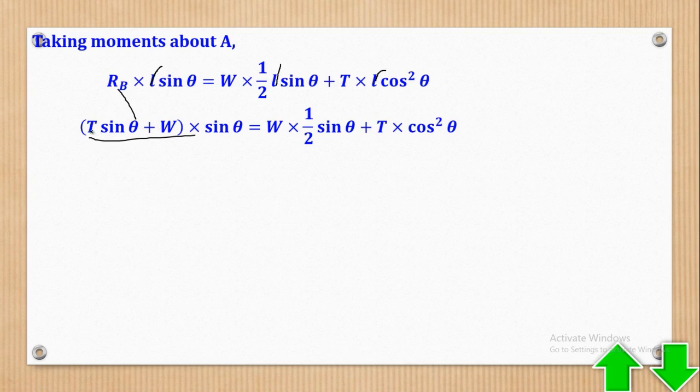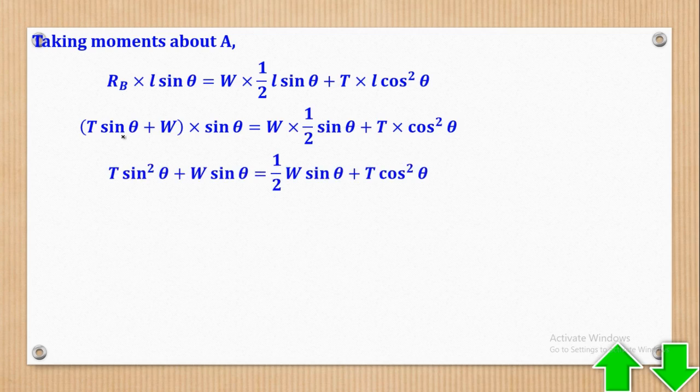So in the end we shall remain with that. Remember our aim is to get the value of T. So next is to expand. When I open this bracket, I'll come up with T sine squared theta plus W sine theta. Then this side it will be the same, a half W sine theta plus T cos squared theta.